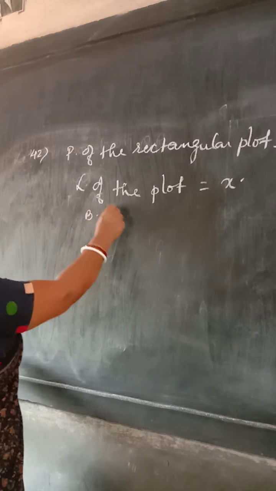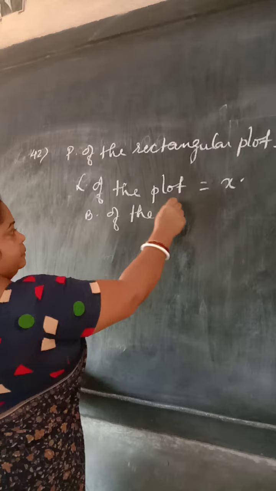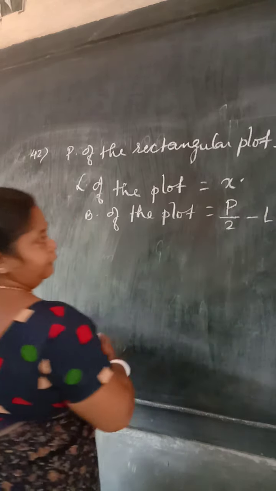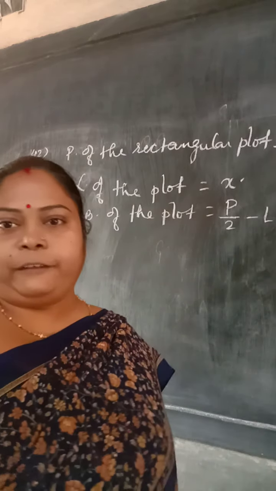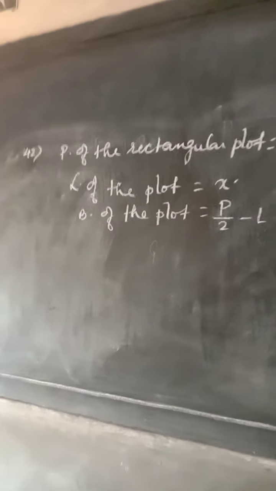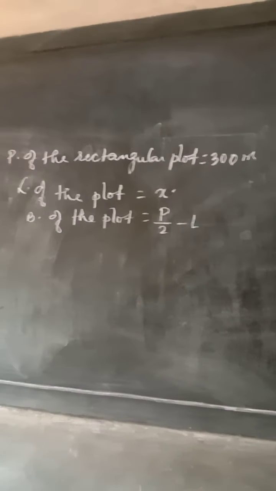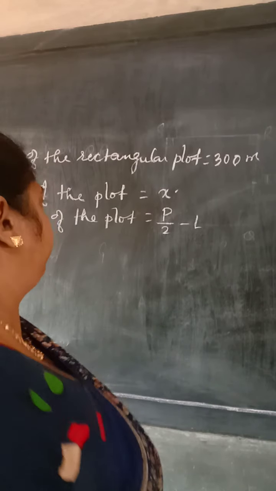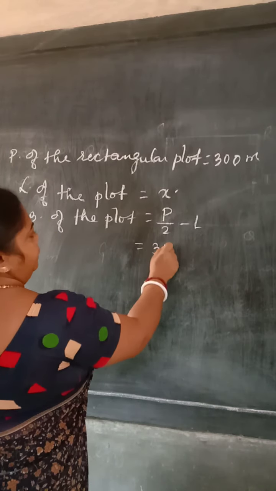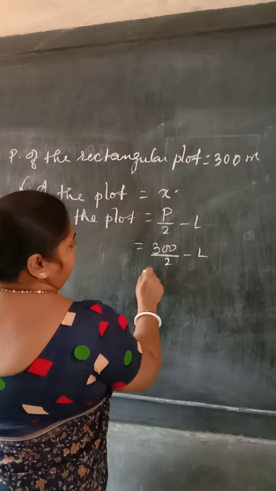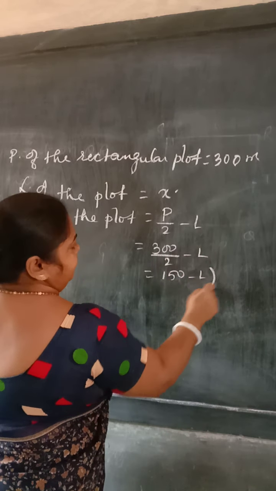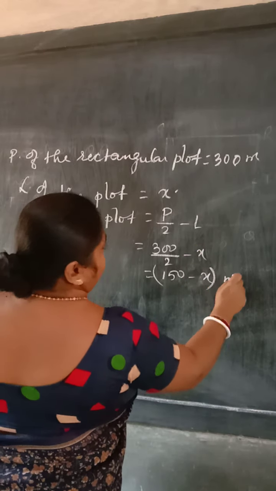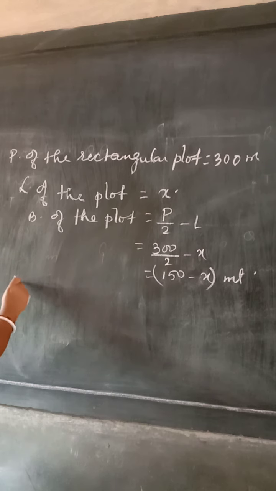So the breadth of the plot would be P by 2 minus L. We have learned this formula. So what will it be? It would be 300 by 2 minus L, or 150 minus L, and L was x meters. So what would be the area now?